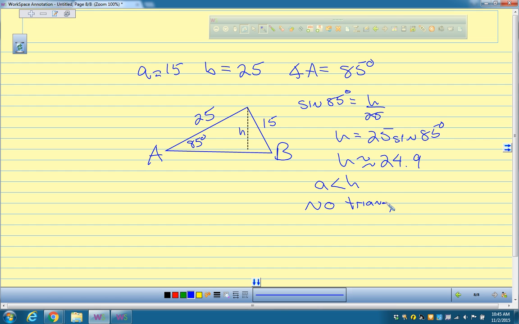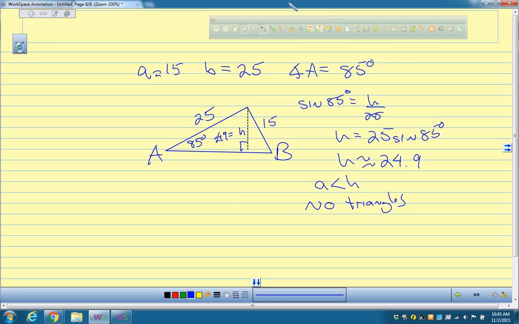Do you understand that? Because it's kind of like this thing is sticking straight up here, and if this is almost 25 or 24.9 or something, this little side here isn't going to reach the ground, right? Not going to be able to make it. So this side has to be bigger than 24.9 in order for it to. Questions on that?